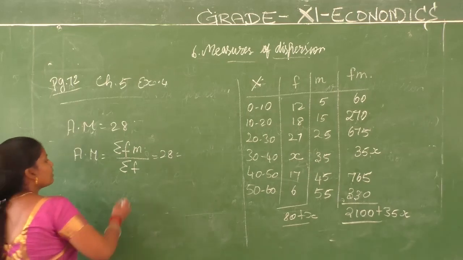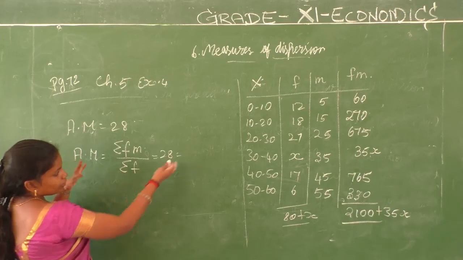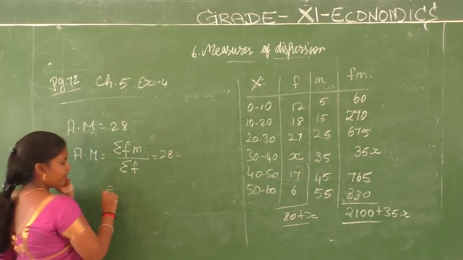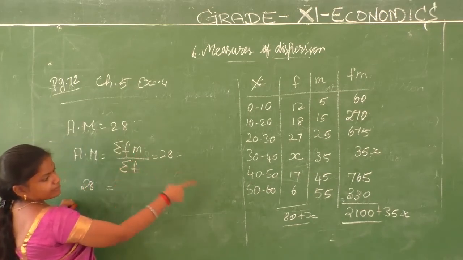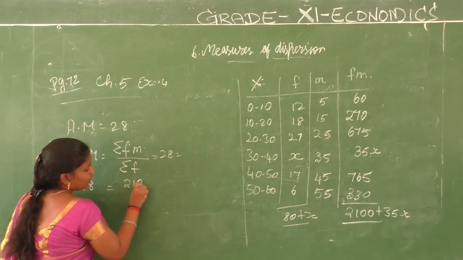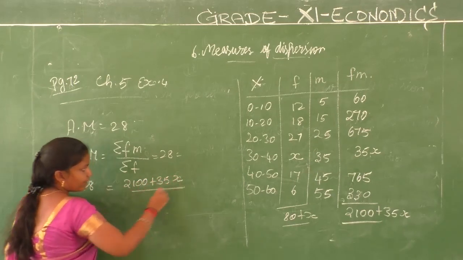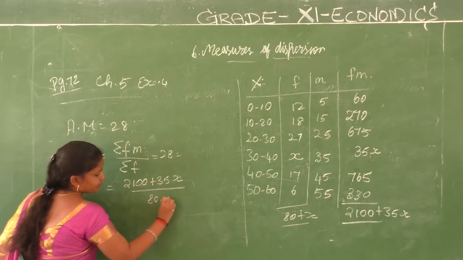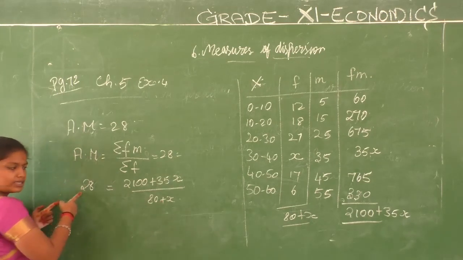Right children? So what are we going to do here? We are going to calculate the same value. We are going to substitute this. What is your sigma FM? You know your AM, that is 28. Your sigma FM is 2100 plus 35x by, what is your sigma F? 80 plus x. You need to bring it to this side, isn't it children?